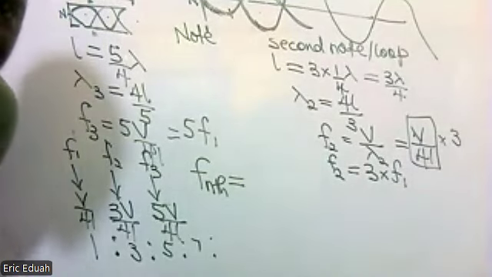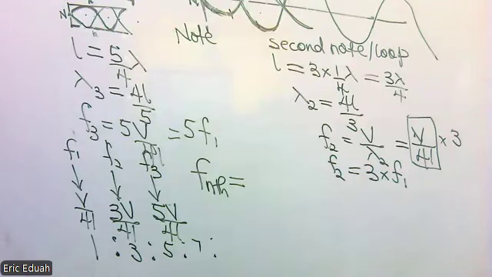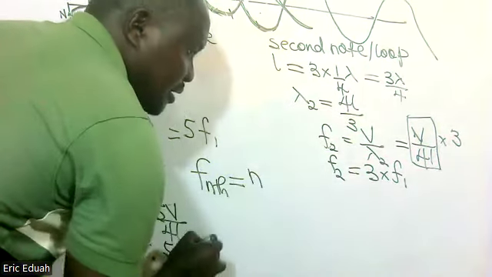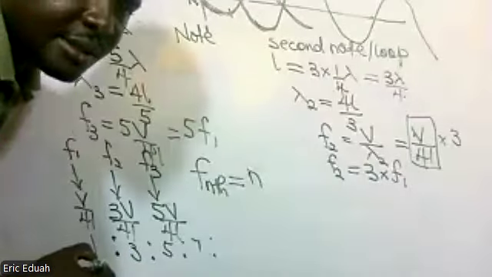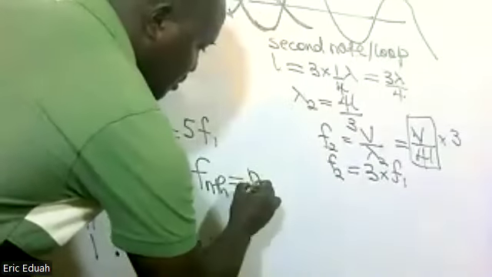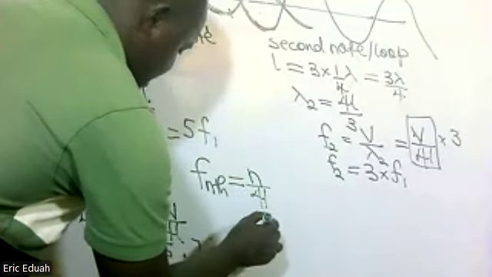If the harmonics are odd, I think it is n on 4L times V. Let's see.